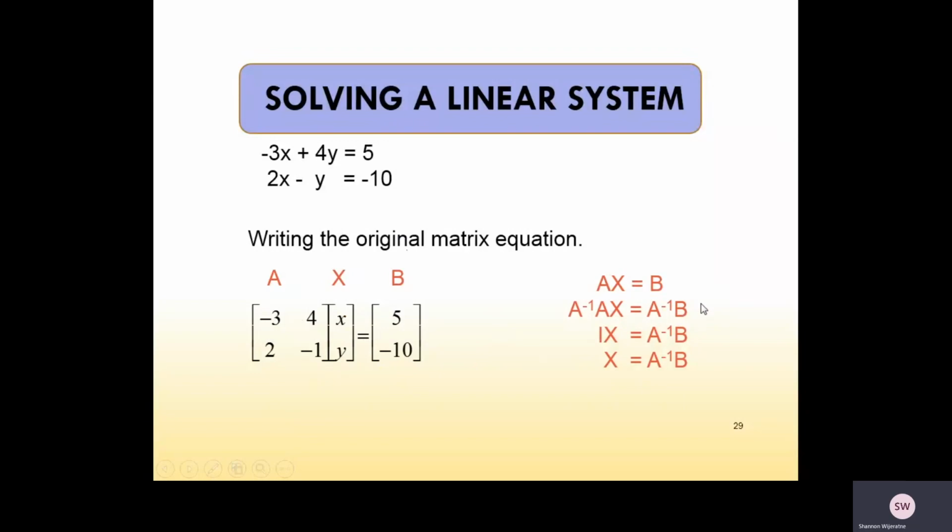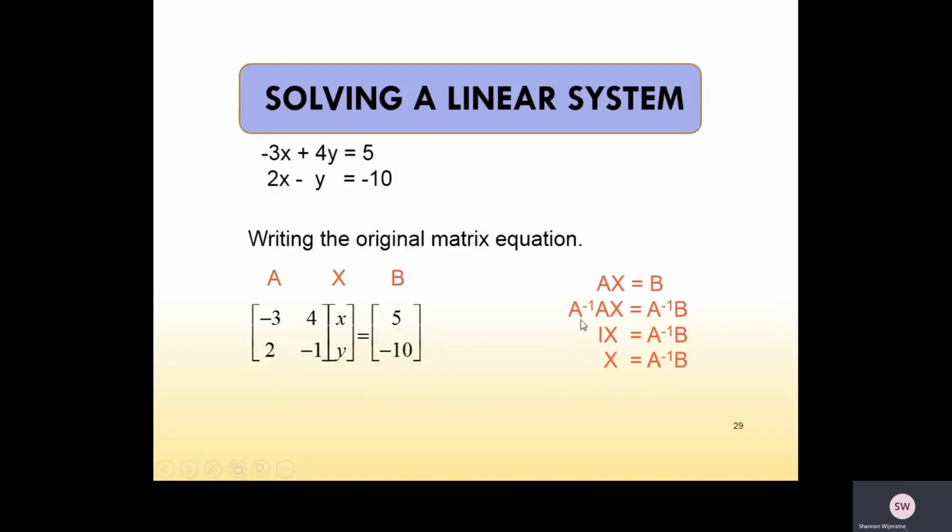B is a 2 by 1 matrix and A is a 2 by 2 matrix. Multiplying a 2 by 1 matrix with a 2 by 2 matrix is not possible. So it should be A inverse into B, a 2 by 2 matrix multiplied by 2 by 1. The resulting matrix is also 2 by 1.